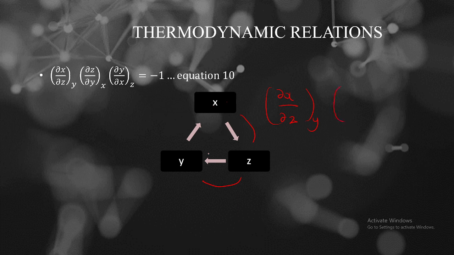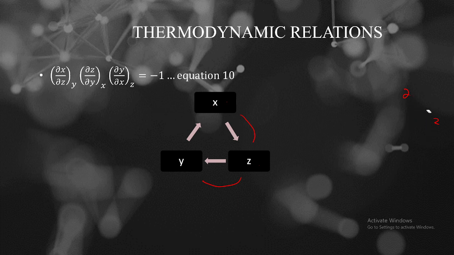I can open up another bracket and start from z now, so del z, then to the next expression del y at constant x. Then I'll start from y now, so del y del x at constant z. So I'm just going around, right? It equals negative 1.